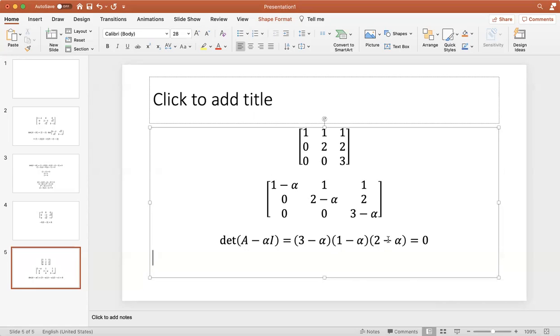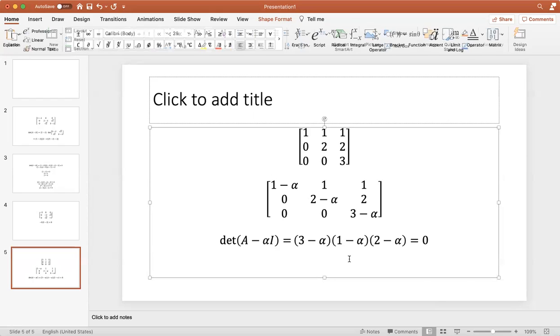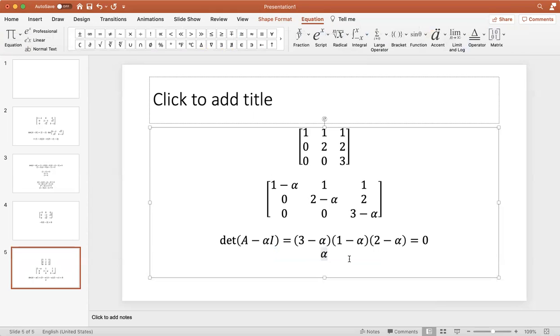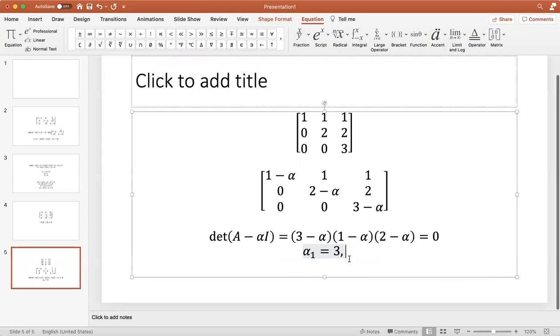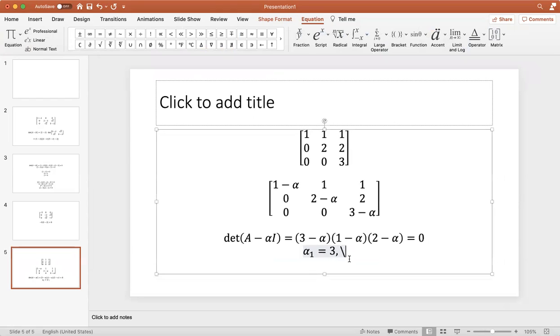Since the product of these factors is equal to 0, then each individual factor will be equal to 0. So alpha 1 would be equal to 3. The next eigenvalue would be equal to 1.